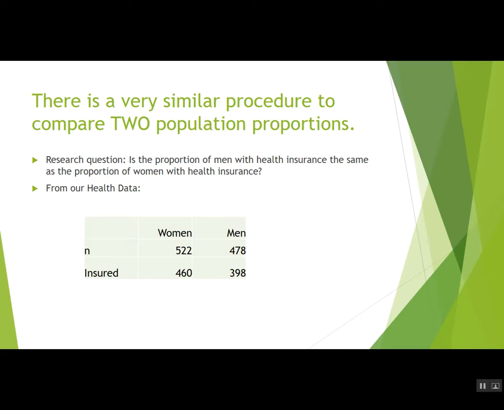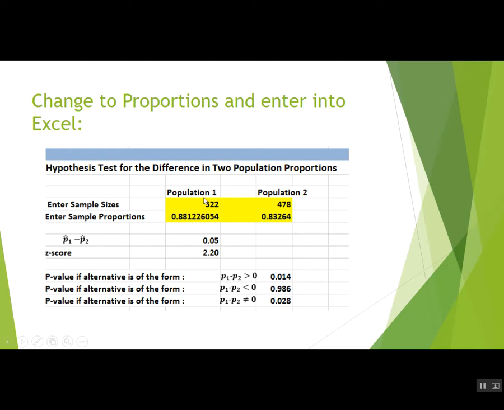This is what we got when we looked at a sample of 1,000 people, 522 women, 478 men. If the proportion of each that had health insurance were the same, then getting numbers this far apart would be very unlikely. And so therefore we conclude that the proportions are not the same.